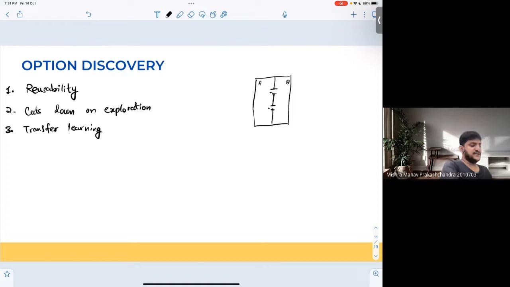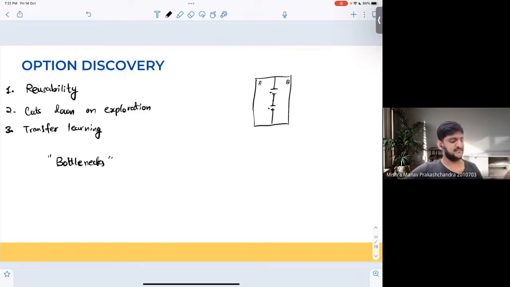So you can think of these options as something known as bottlenecks, right? So bottlenecks are basically the set of good states or good options that help you pass from one sub MDP to another sub MDP.